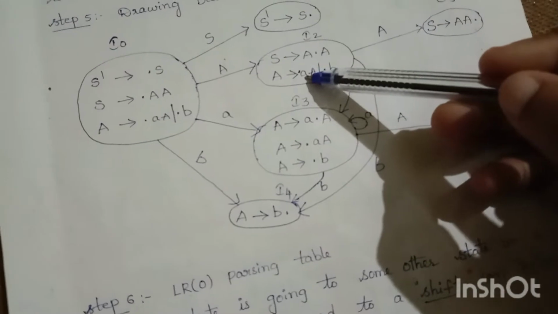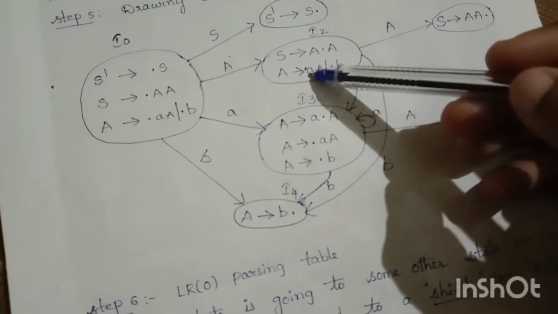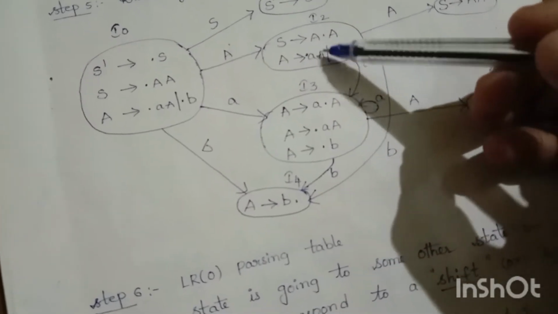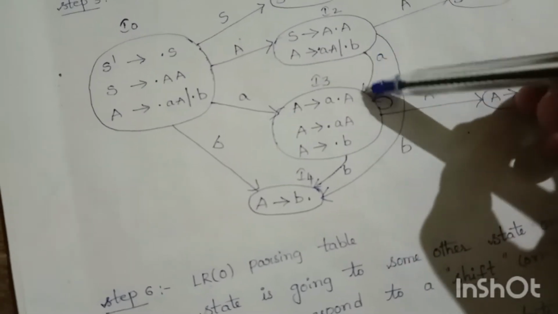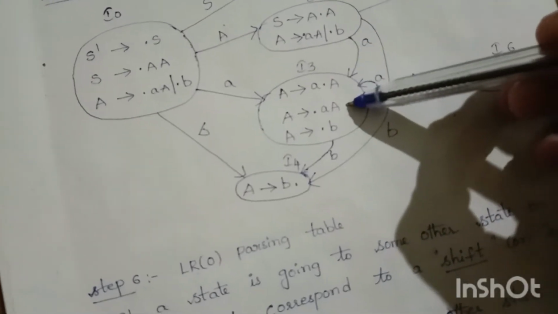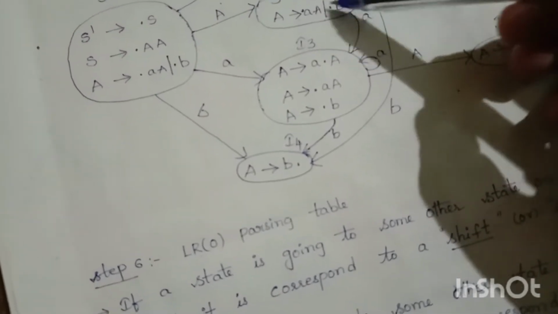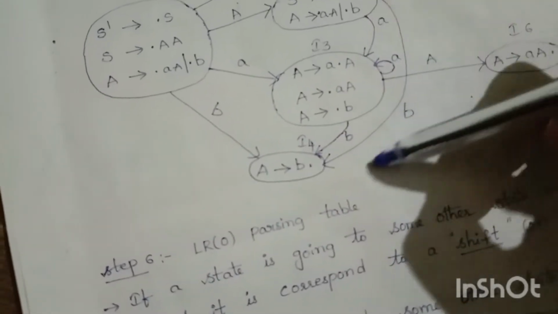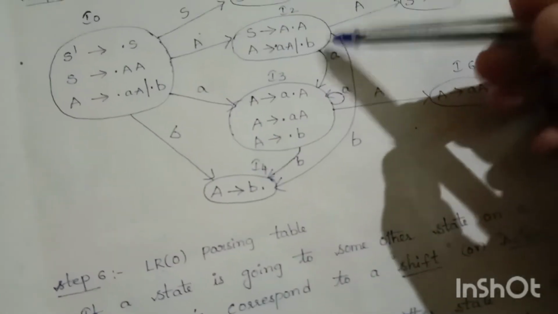On symbol small a, what does it become? A tends to a dot A. So it is already there in state I3. So directly draw a transition to I3. Next, on b, A tends to b dot. So it is already there in state I4. So draw a transition to state I4. So this state is completed.